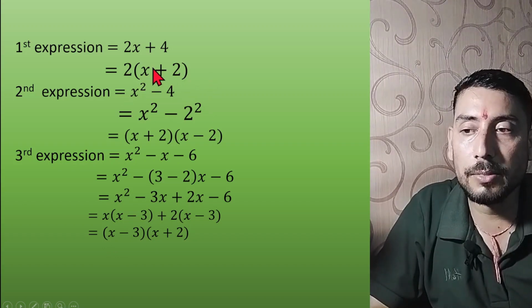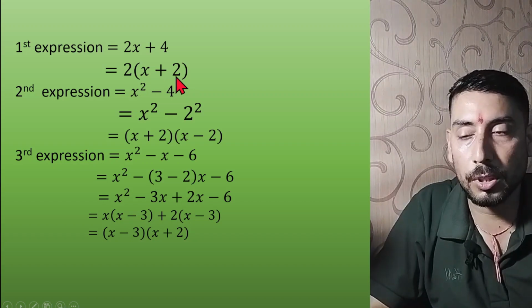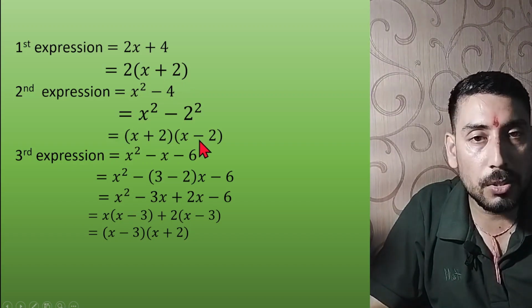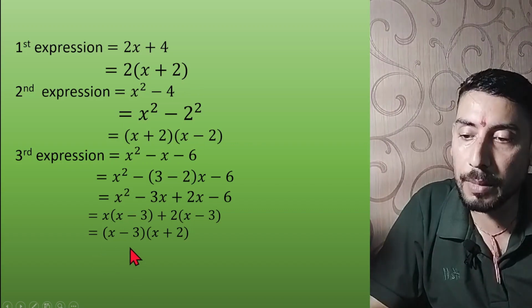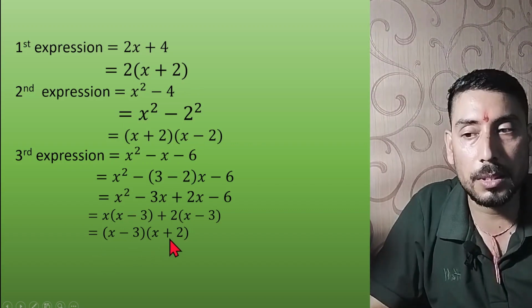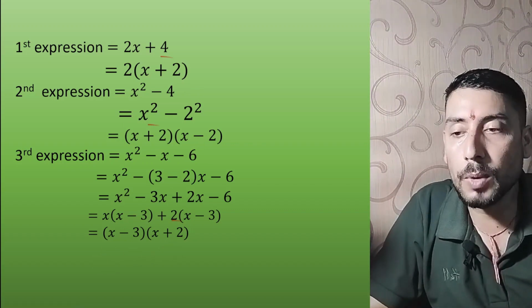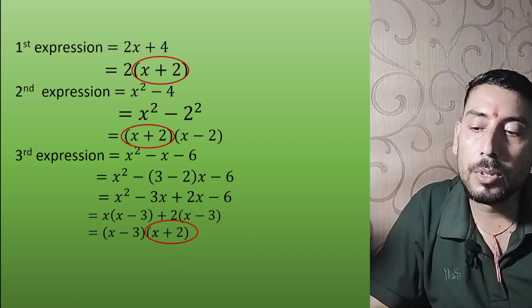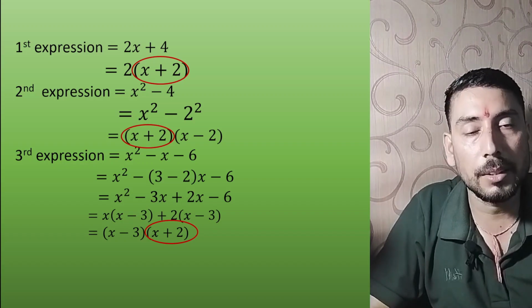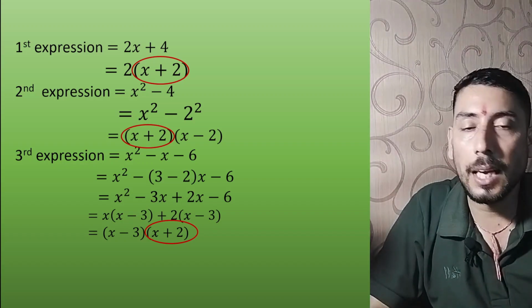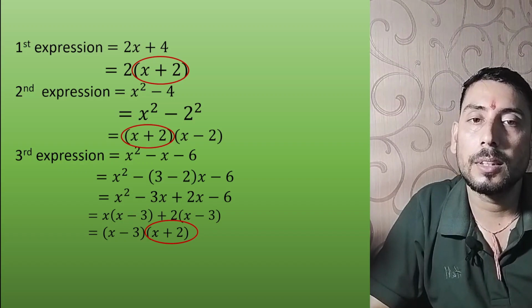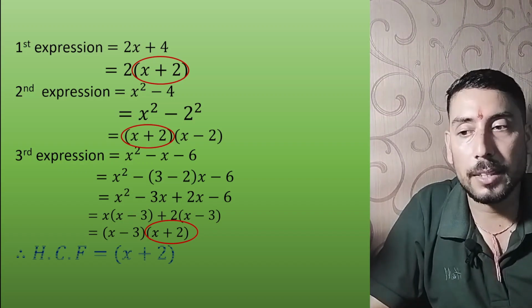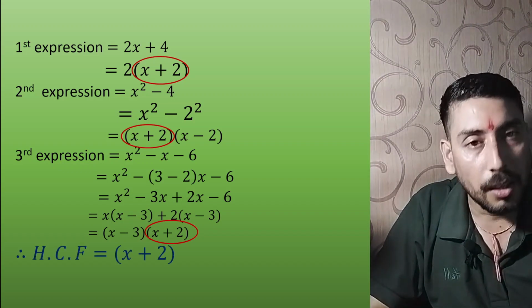So we simply start to observe the bracket terms. What is inside the bracket? x plus 2 for the first expression, x plus 2 and x minus 2 for the second expression, x minus 3 and x plus 2 for the third expression. So among them, which one is the same? Obviously, x plus 2 is the same in all three expressions, and that's your highest common factor because there is no other common factor.